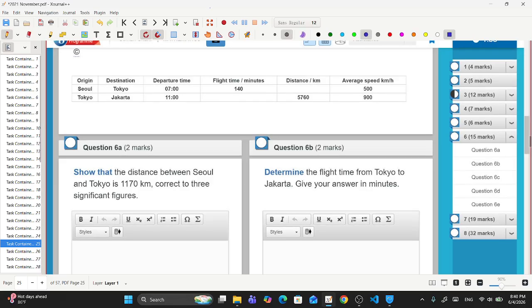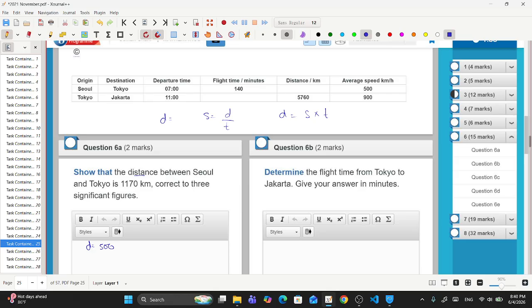Distance. We know that distance has a formula. We know that speed equals distance divided by time. So distance should equal speed multiplied by time taken, right? So the average speed was 500, and the time that was taken was 140 minutes.